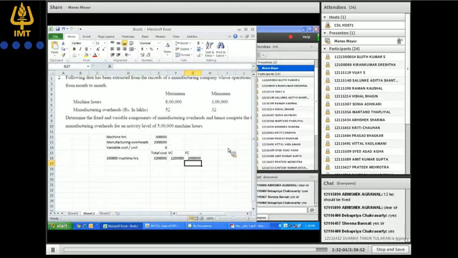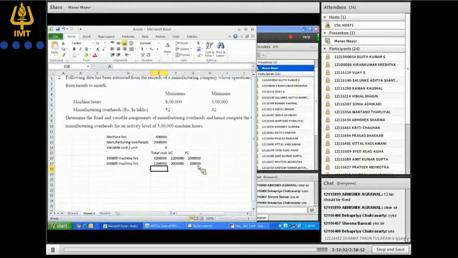Then you are asked to calculate the cost for 5 lakh machine hours. So for 5 lakh, the variable cost will be equal to 4 multiplied by 5 lakh. Your fixed cost will be the same. So your total cost will be equal to this plus this, which is 40.